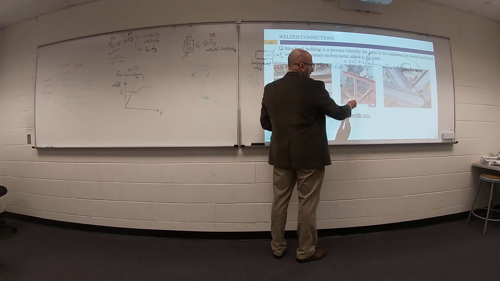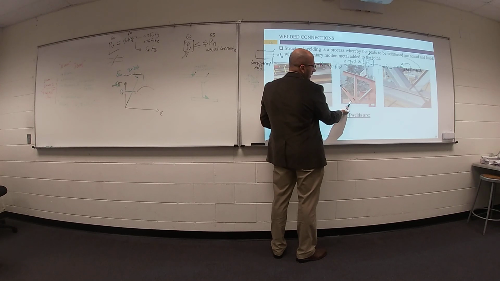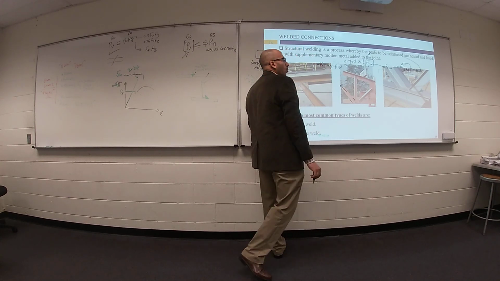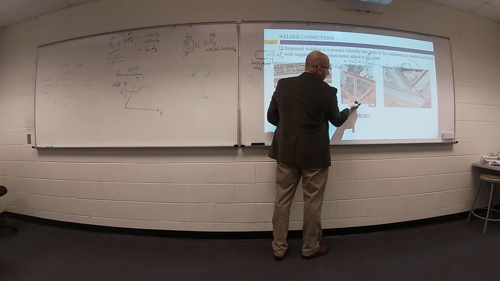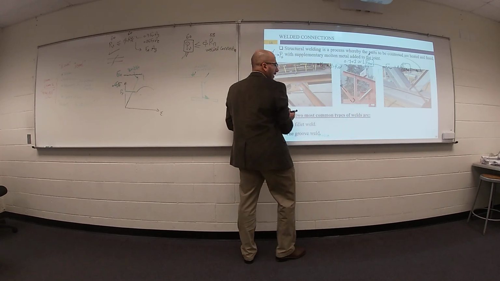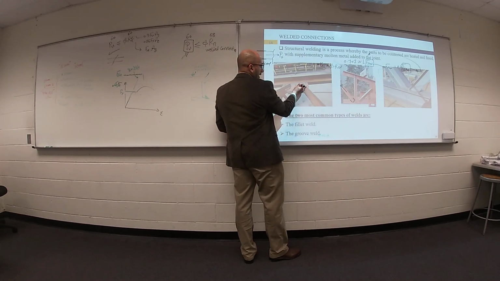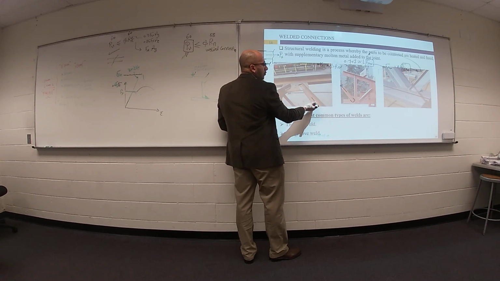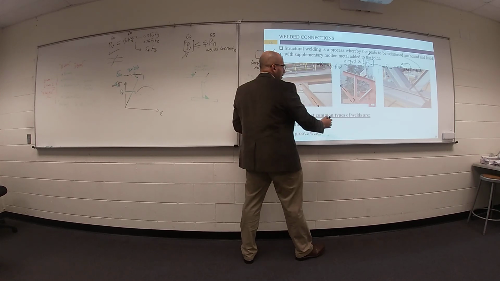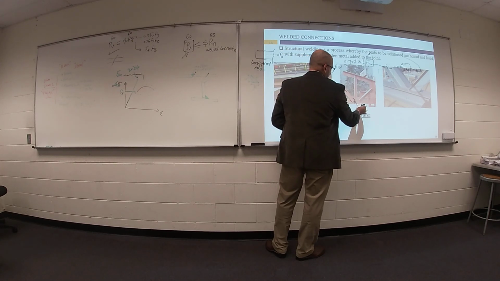So your weld will be something like this. Your weld is in the same direction of your load, so we can call it longitudinal welding. If you add another weld in this direction, which is perpendicular to the direction of your load, this weld is called transverse.